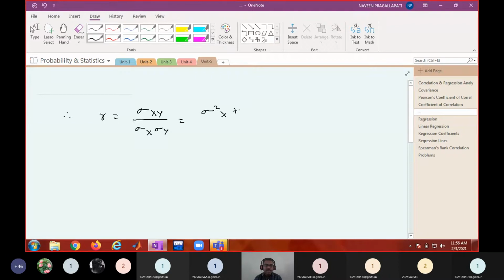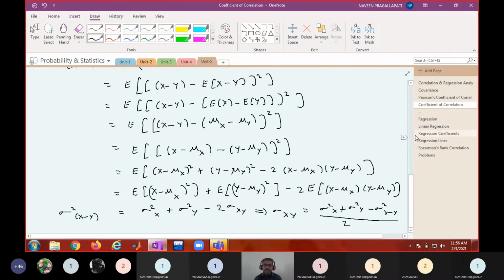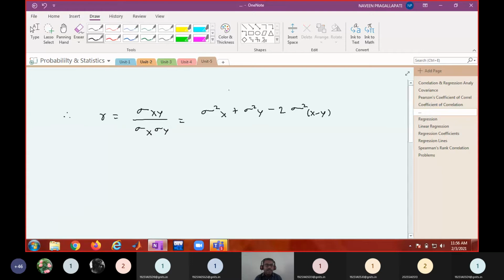Sigma square x plus sigma square y minus sigma square of x minus y, all by 2 times sigma x sigma y. Is this 2 times? No, it's only 1 time.